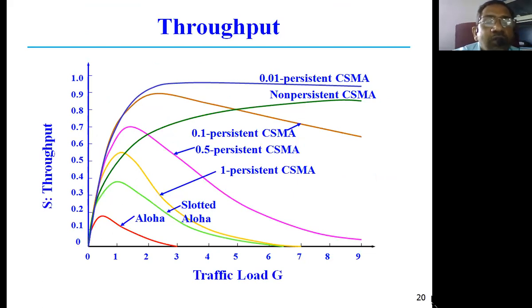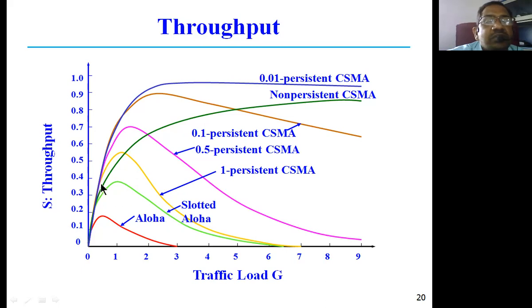Now here you have to draw only 3 graphs. One is the Aloha protocol, and the next is slotted Aloha at 0.36. Aloha is something like 0.18 somewhere, and slotted Aloha is around 0.36. Then in these curves the throughputs are increasing; if you see carefully, throughputs are increasing in the case of CSMA.